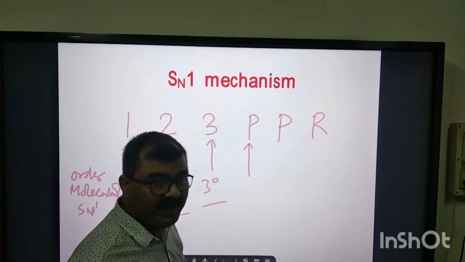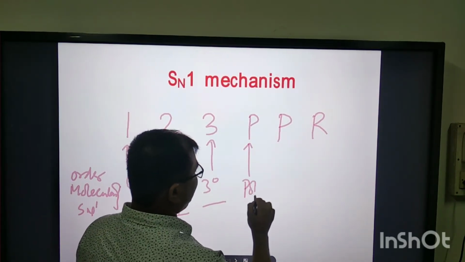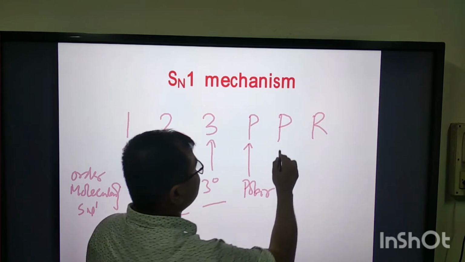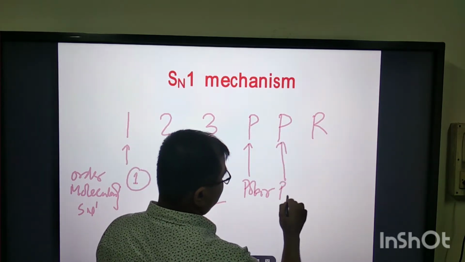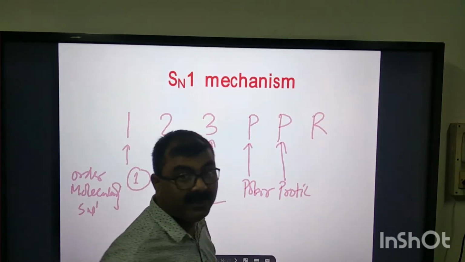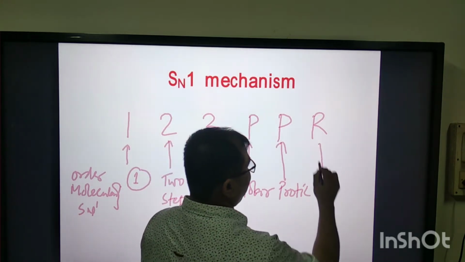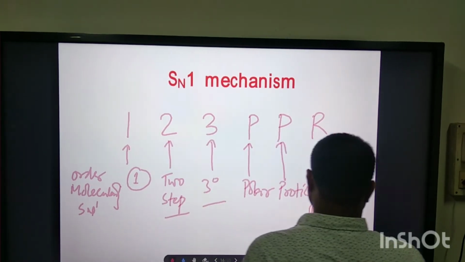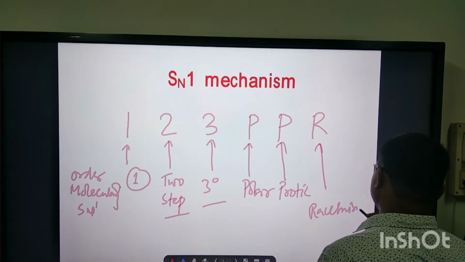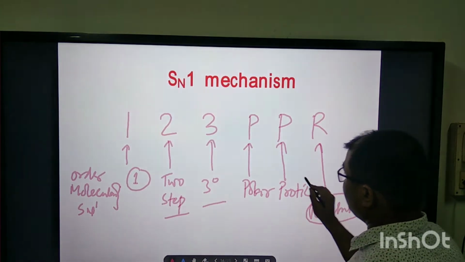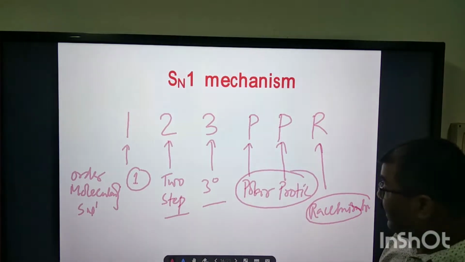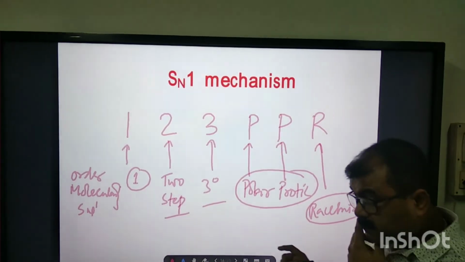The first P is polar. The second P is protic, and R is racemization. So polar protic is a type of solvent.